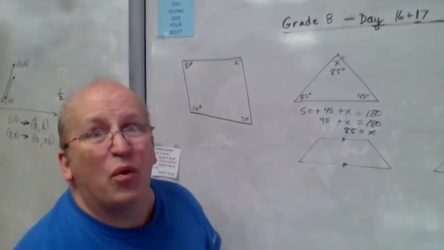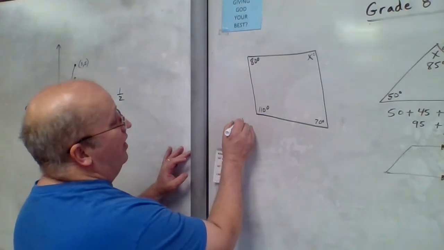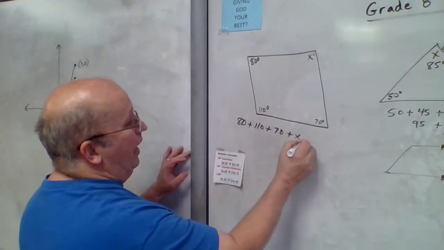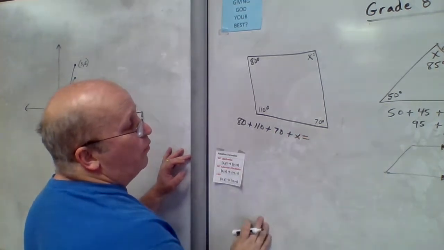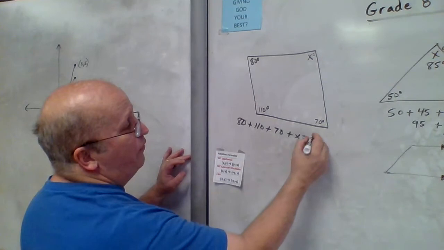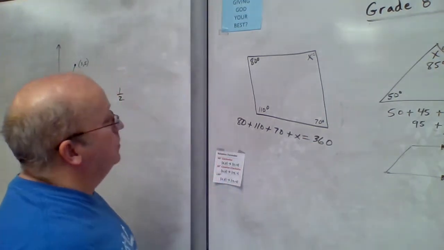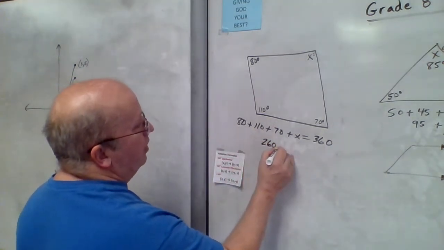What do we do for four-sided figures? The process is similar, just slightly different. We take the angles, and this time, instead of 180, because it's a four-sided figure, we use the number 360. So 190 plus 70 is 260.